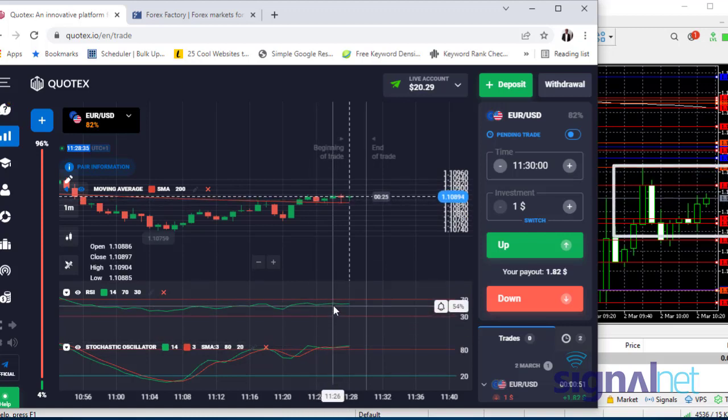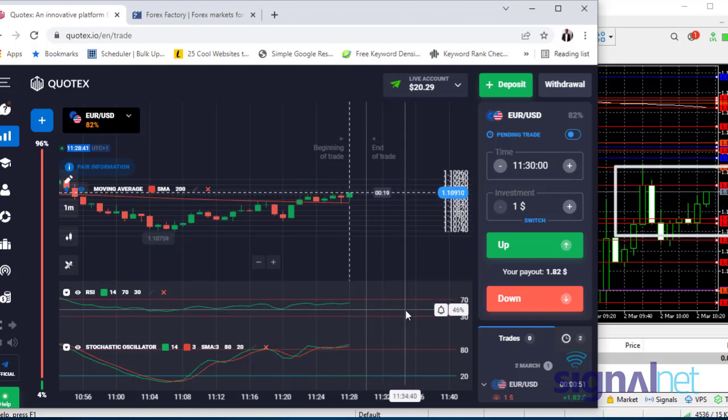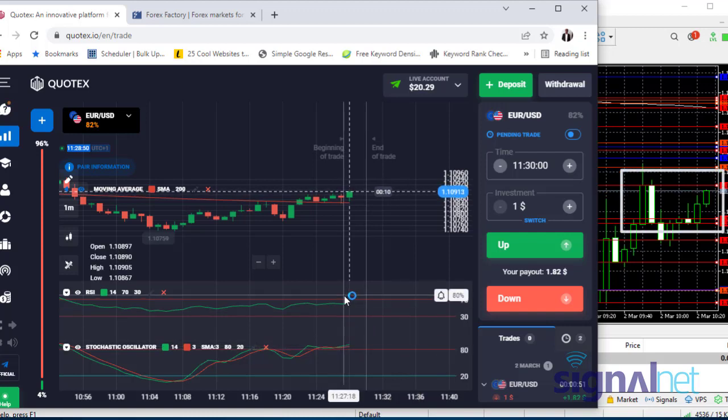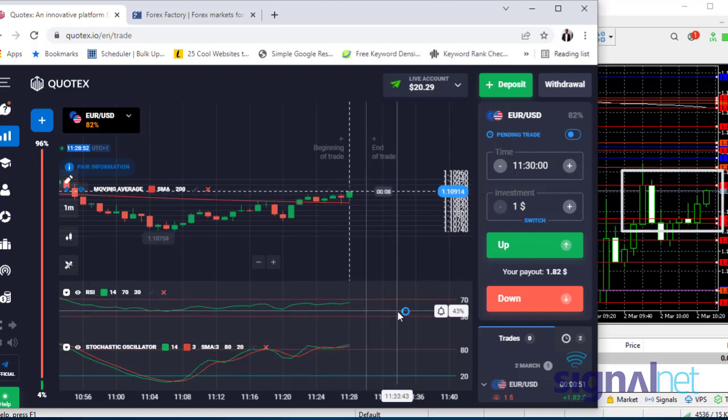But let's see. Okay, so it's advancing over towards it, and this is overbought, so I think we can have some confidence that if it breaches it, it should have some kind of pullback.